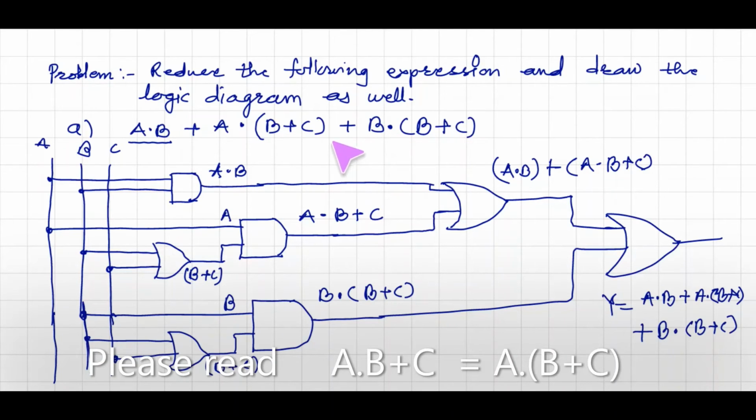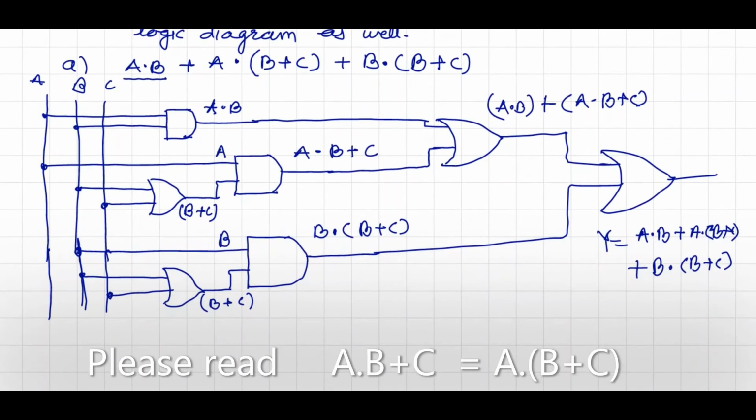Now let us observe how many gates are required in this circuit. To construct this circuit we need 3 AND gates, and for OR gates we observe 1, 2, 3 and 4, that is 4 gates.